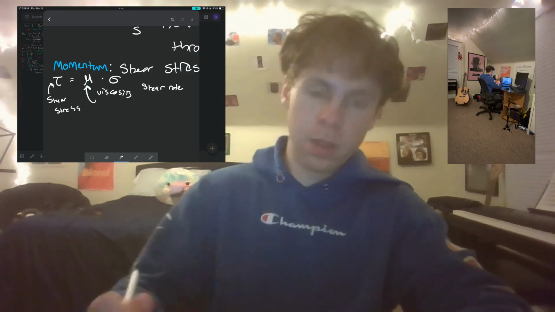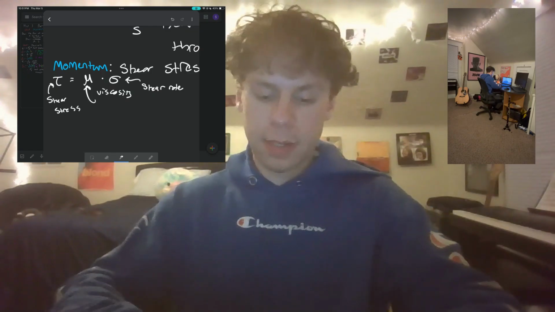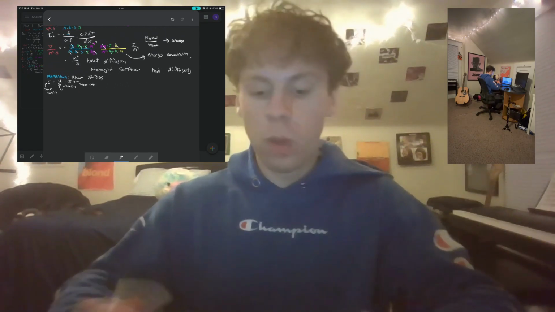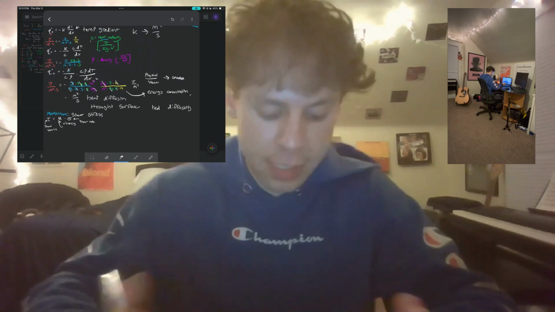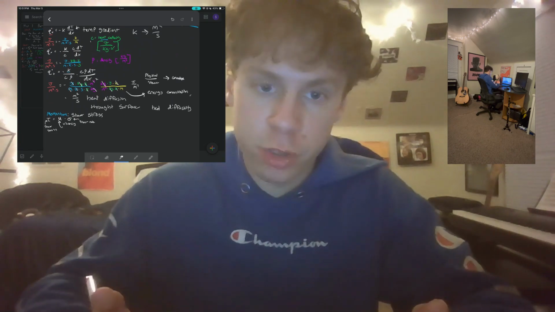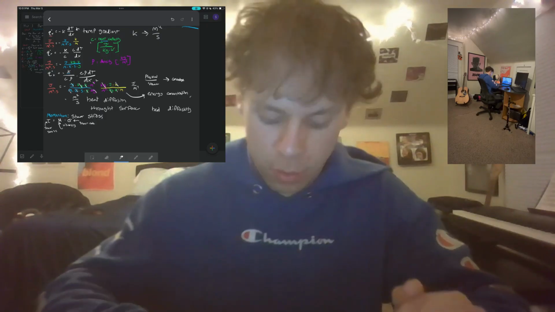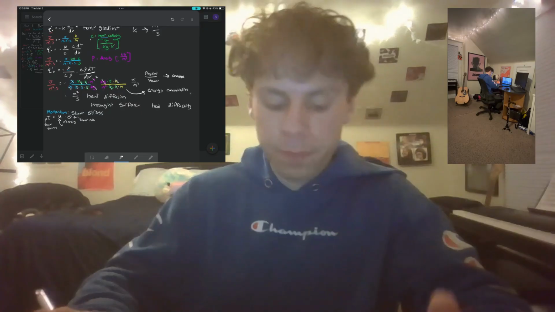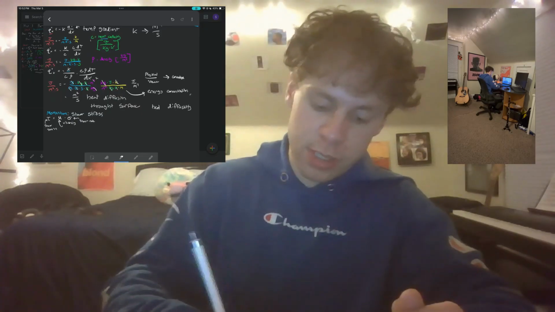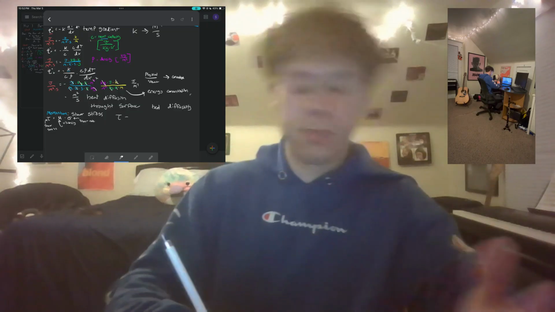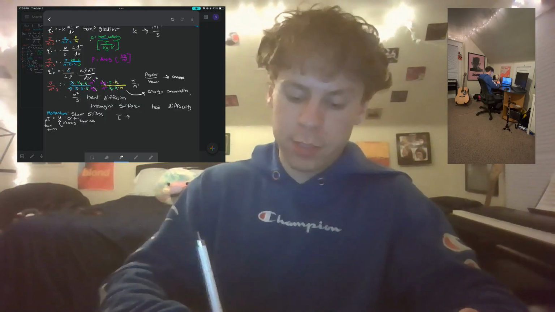Now, we'll try to relate this shear stress equation to our heat flux equation. So essentially, our shear stress is pretty much like our heat flux.